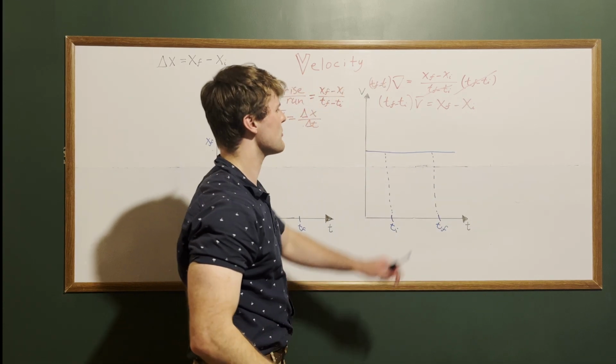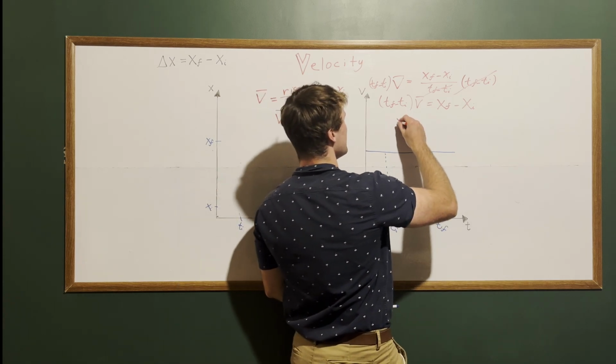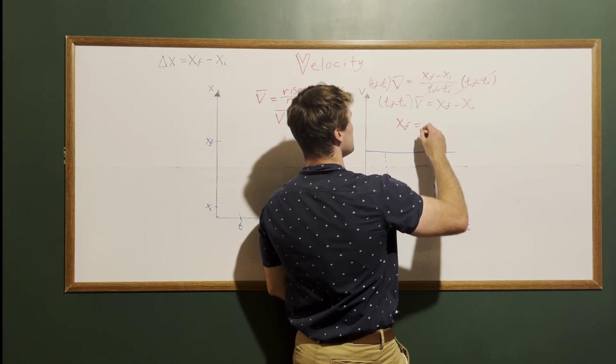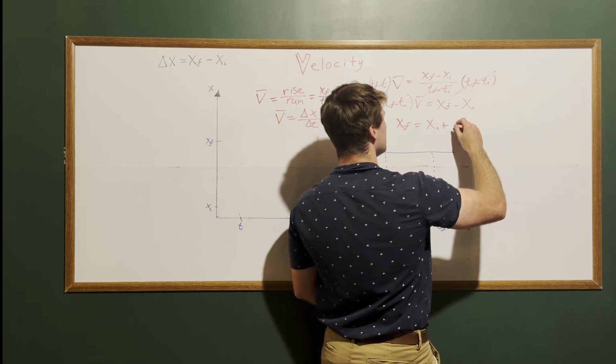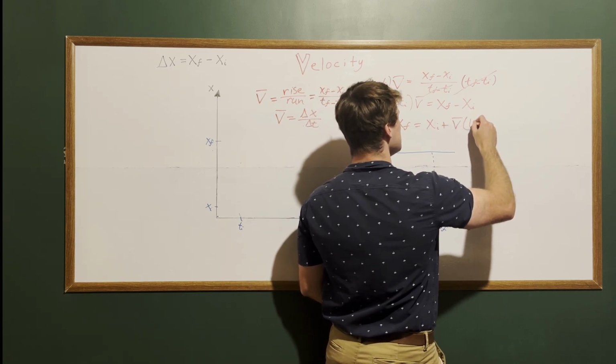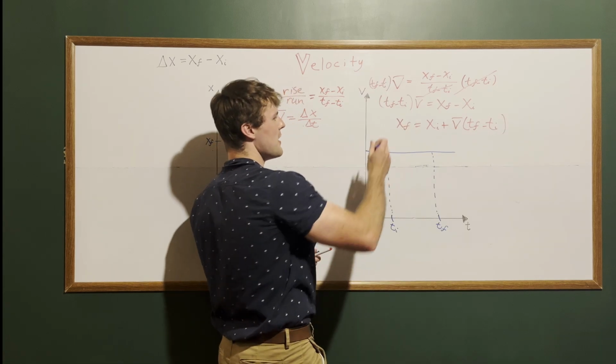And one last step, we're just going to add xi to both sides, which yields xf equals xi plus v bar times tf minus ti. This is our little equation right here.